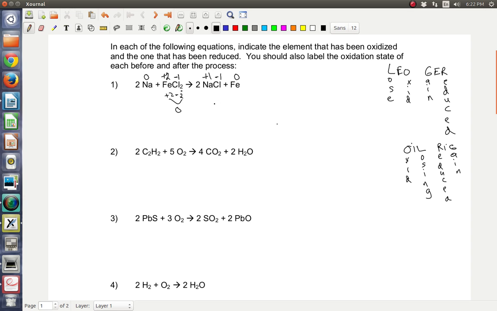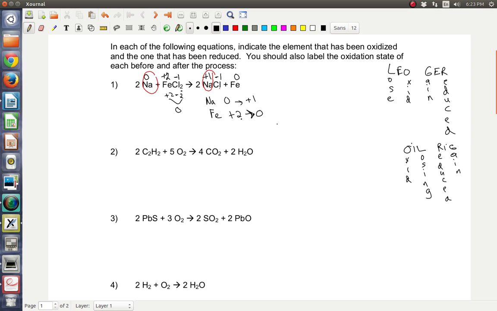So let's look at the different atoms and which ones changed. Sodium went from a 0 to a +1. See that? A 0 here to a +1 right here. Chlorine stayed exactly the same, so I'm not going to worry about that one. But what about iron? Iron went from a +2 charge to a 0 charge. So now I have to figure out which one is oxidized and which one's reduced.